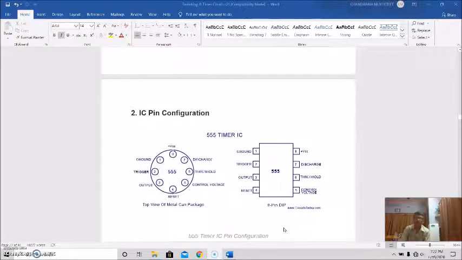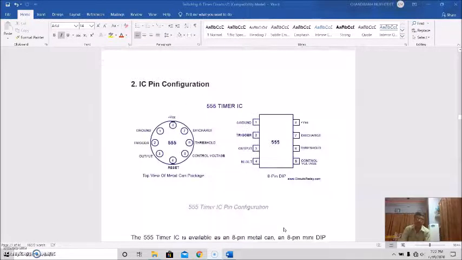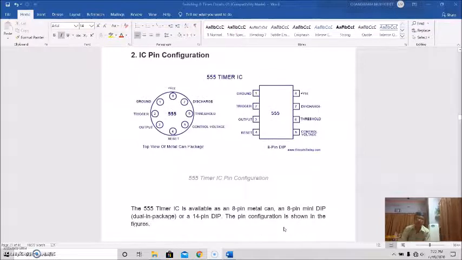Now we'll discuss the 555 timer pin configurations. The 555 timer is basically found either in a metal can package or in a dual in-line package.